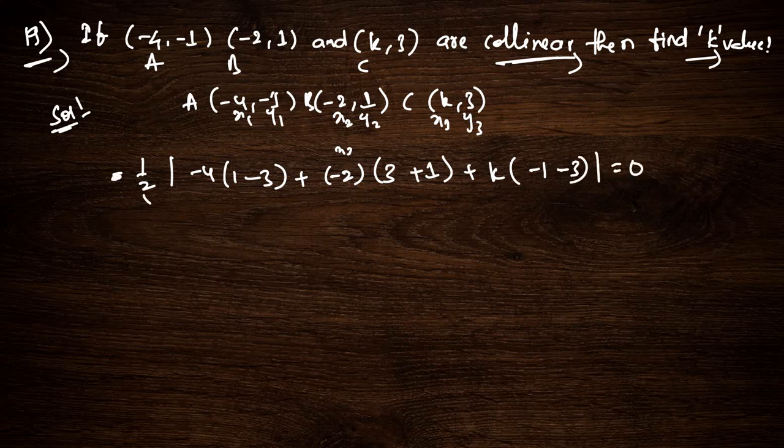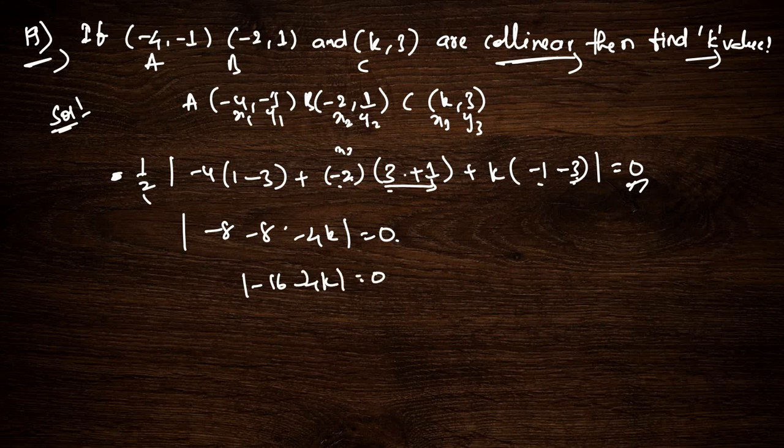So 2 will go to the right side, it will become 0. Okay, so mod of this: minus 2 minus 8 minus this plus 4 to 8 minus 8, and this minus 4 minus 4k is equal to 0. So it will become minus 16 minus 4k is equal to 0.